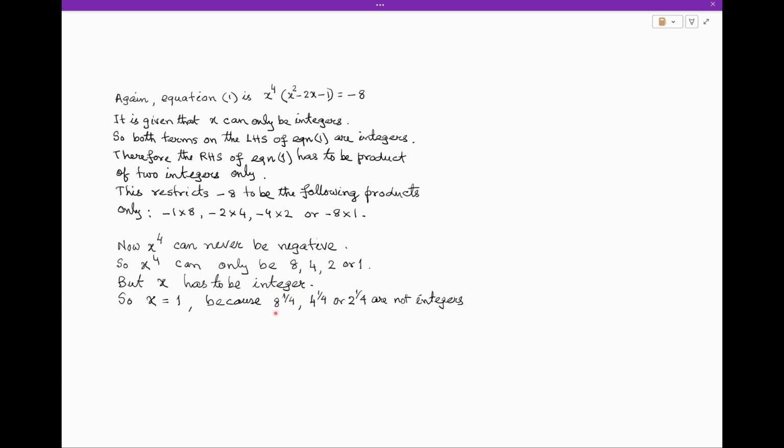Since 8 to the power of 1 by 4, 4 to the power of 1 by 4 or 2 to the power of 1 by 4 are not integers, the only value possible for x is 1, because x to the power of 4 will then become 1, which is an accepted value.